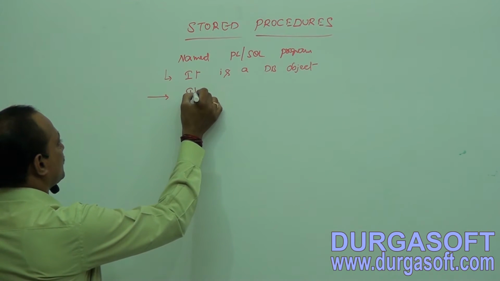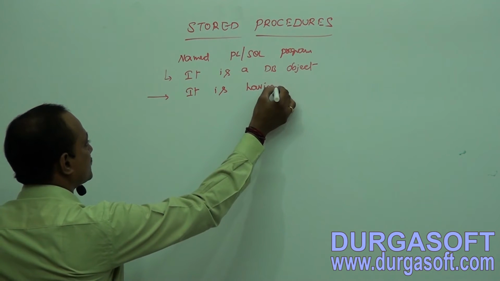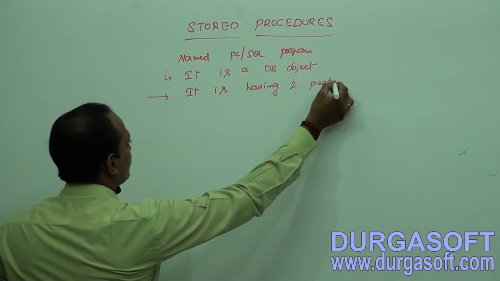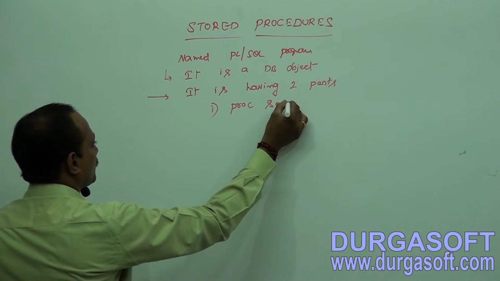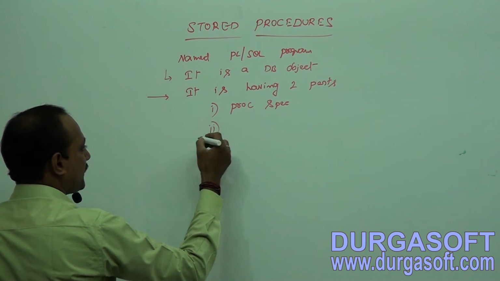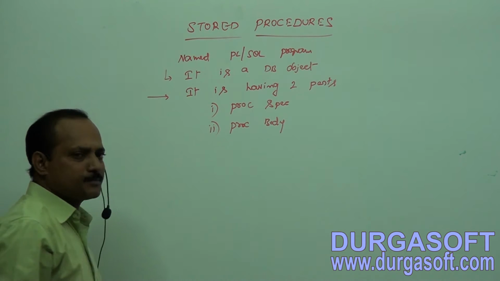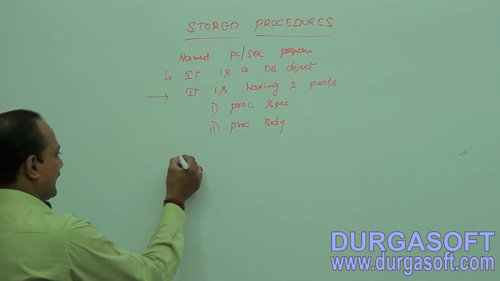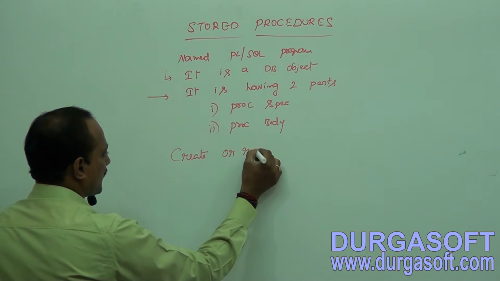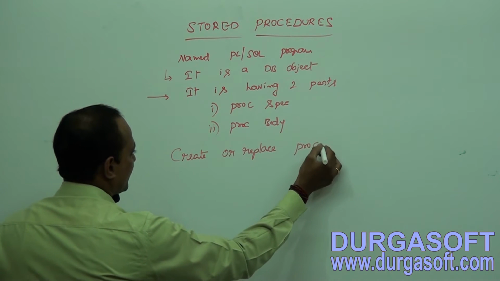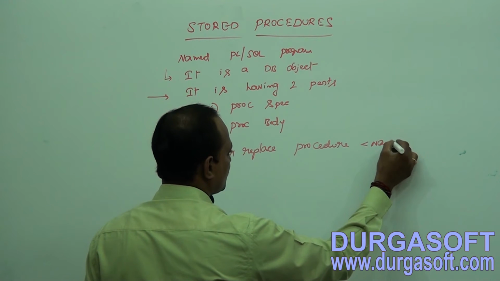Now, the stored procedure has two parts. What are they? The first one is the procedure specification, simply called procedure spec, and the second part is the procedure body. What is the procedure specification? How does it look? Create or replace procedure, and specify the name of the procedure.